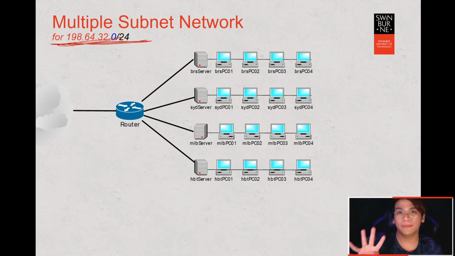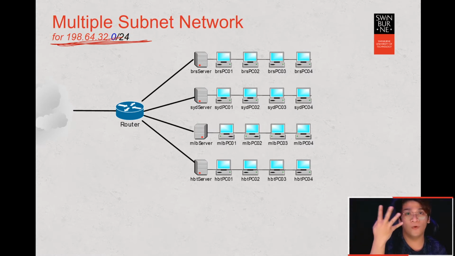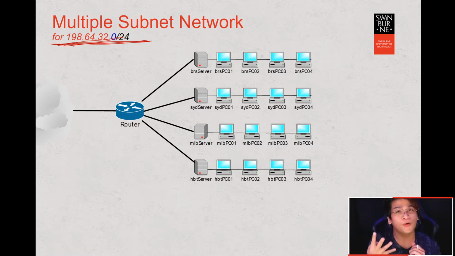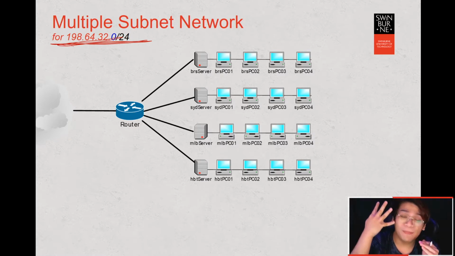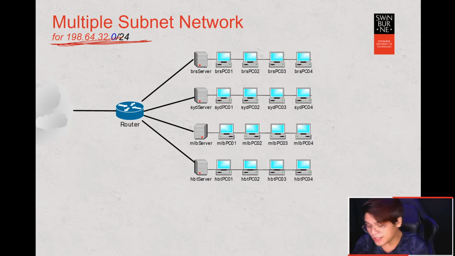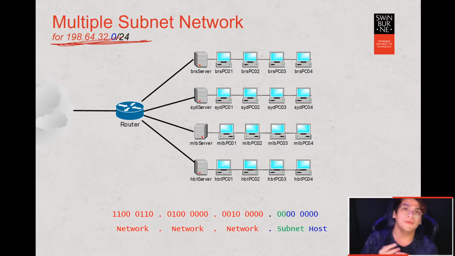It's called a multiple subnet network. So how many bits do we need to represent the number 4? How many subnet bits do we need to borrow from the host bits? We need to borrow 2.